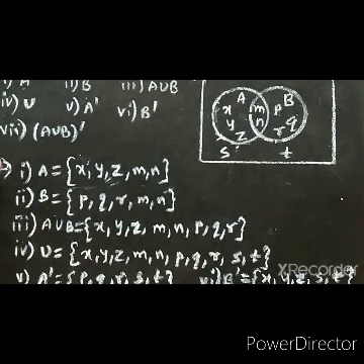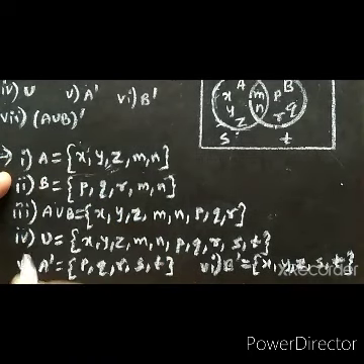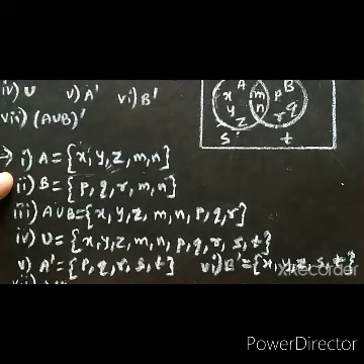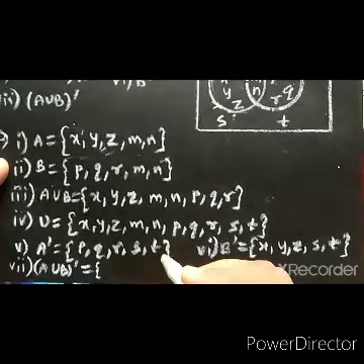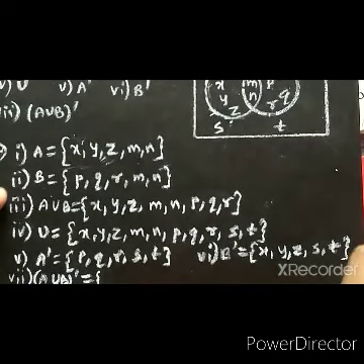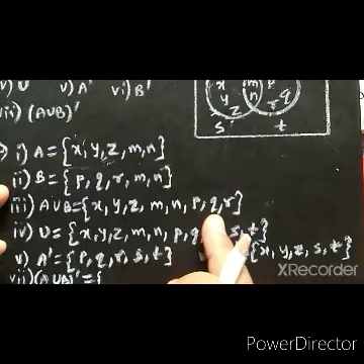Now next, number 7, complement of A union B. Complement of A union B means except these elements x, y, z, m, n, p, q, r.